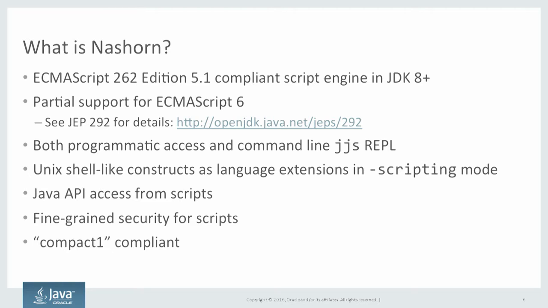Nashorn is usable in many different ways. You can use it through the javax.script API purely programmatically. You can use it as a standalone JavaScript engine through the jjs executable, and also as a REPL, if you just run jjs without any arguments. It also extends JavaScript with some scripting features. So it supports shebang notation, so if you have a JavaScript file and put the shebang and the path to your jjs executable on the first line, you'll be able to run it just like a shell script.